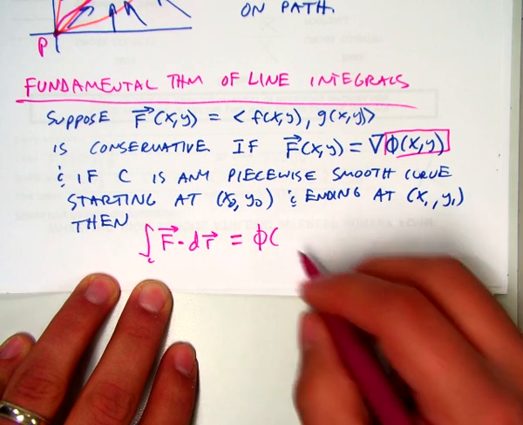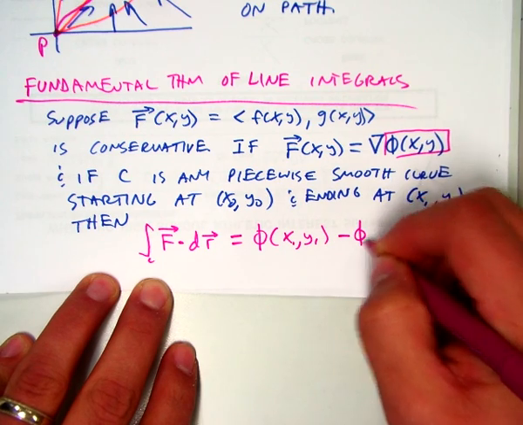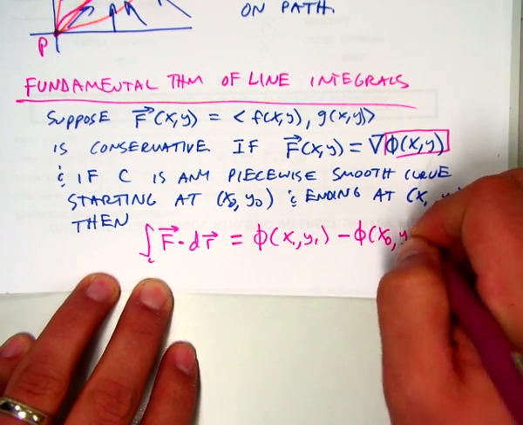So we would just calculate phi of x1, y1 minus phi of x naught, y naught.